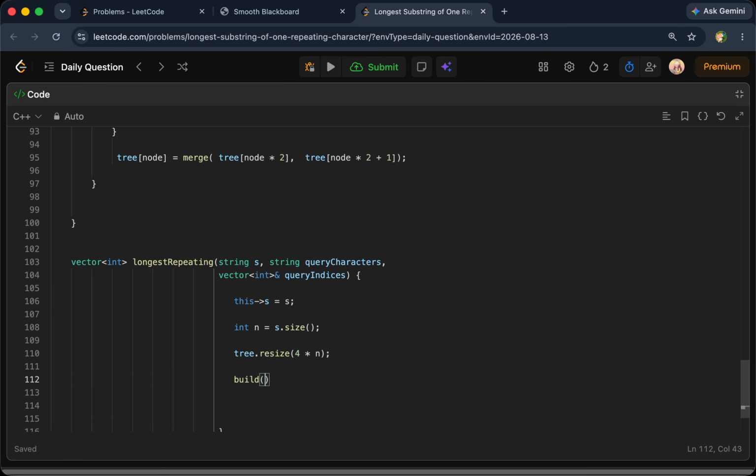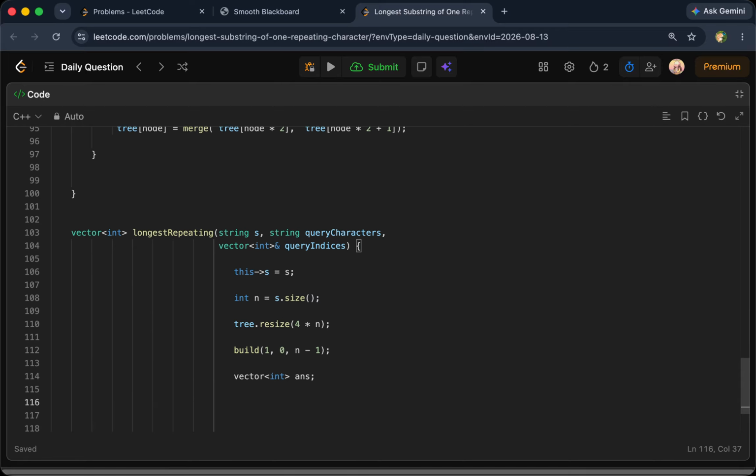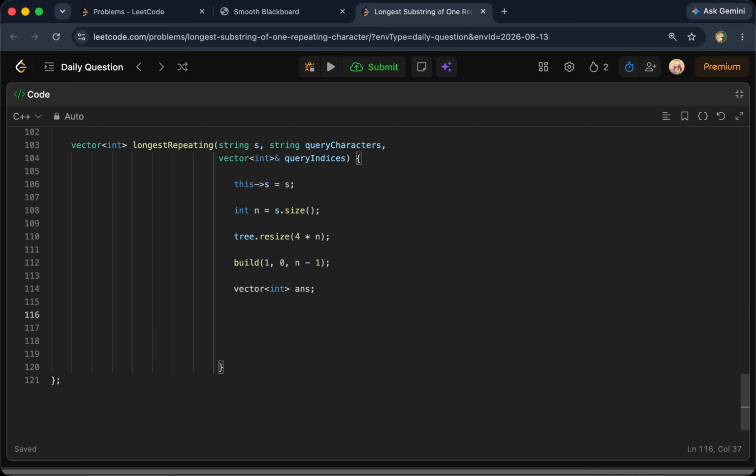Build 1, 0, n minus 1. Vector int again as answer.